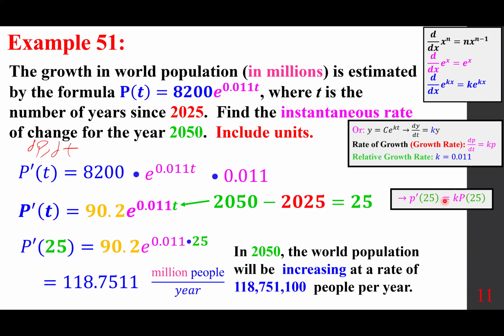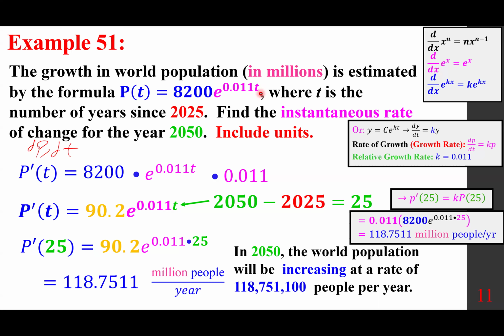So kP at t equals 25. So k obviously is 0.011, and then times this one, where t, of course, is replaced with 25. So 0.011, same thing, and t is replaced, and you get exactly the same answer as you are supposed to, just in case.